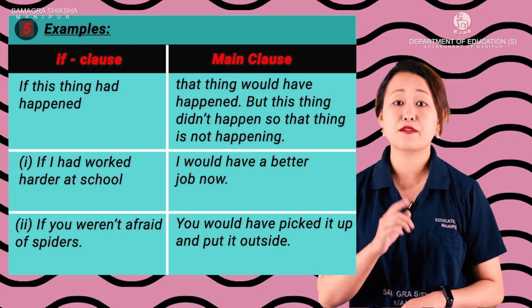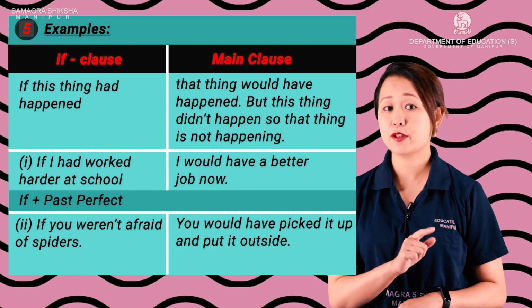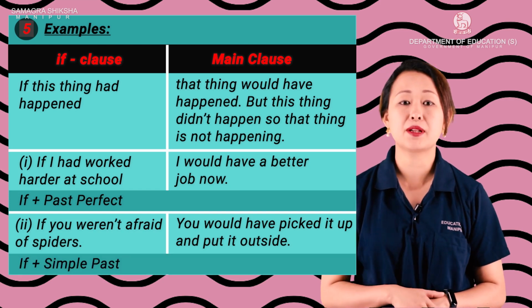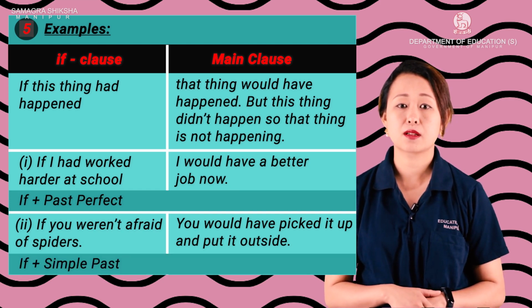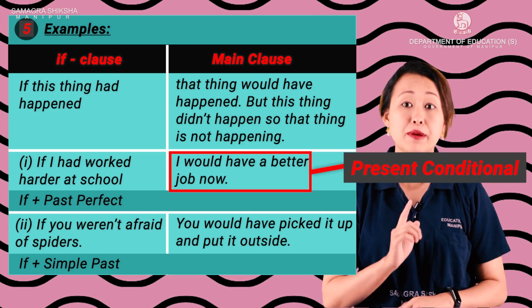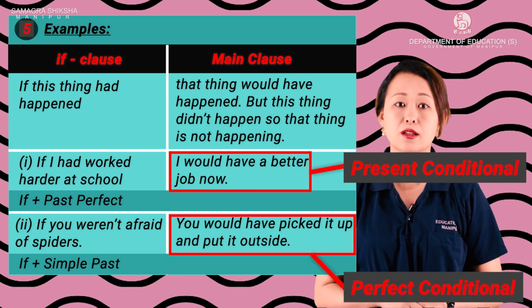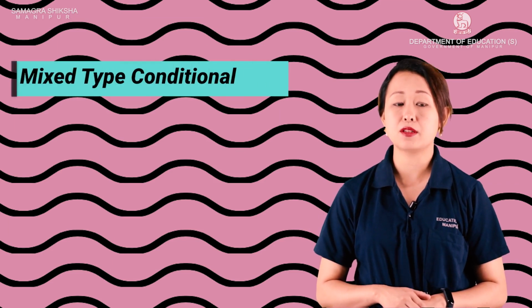Here we see that the first if clause is past perfect and the second if clause is past simple. And the first main clause is present conditional and the second main clause is perfect conditional. And this type is called mixed type conditional.